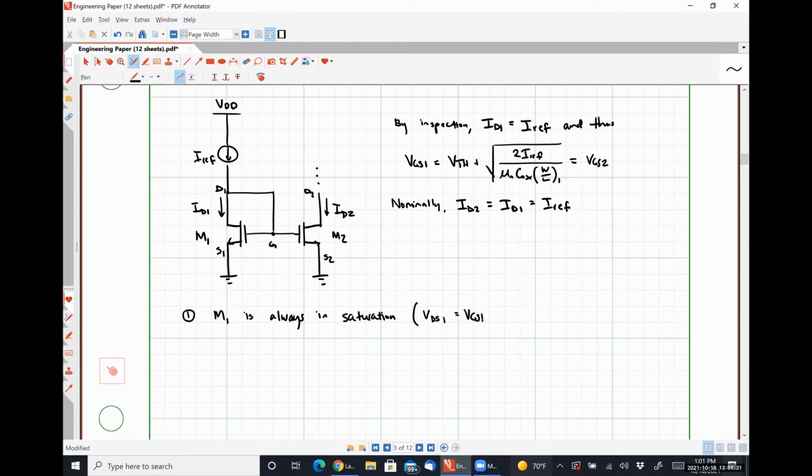Because the drain of transistor M1 and the gate of transistor M1 are tied together. So VDS1 is equal to VGS1. Well, VGS1 will always be greater than VGS1 minus VTH. So this is why this guy is always, always, always in saturation.